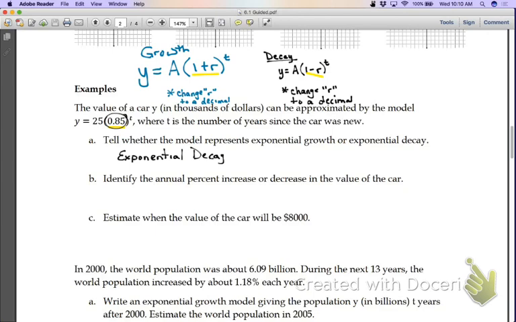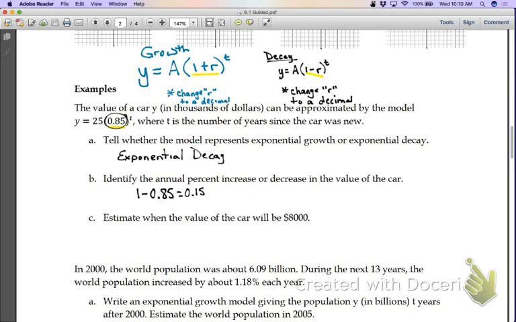Next question then says identify the annual percent increase or decrease of the car's value. What percentage, if 1 is the same thing as 100? It went from 1 to 0.85. How much of a percentage did I lose? So like what is 1 minus 0.85? 0.15, right?